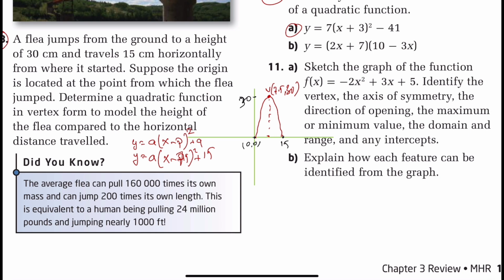So to solve this problem, I need to have 2 points. Let me choose, for example, this point, 0, 0. So I will replace x with 0 and y with 0. My equation will be 0 is equal to a times (x - 7.5) squared plus 30, so I will put minus 30.